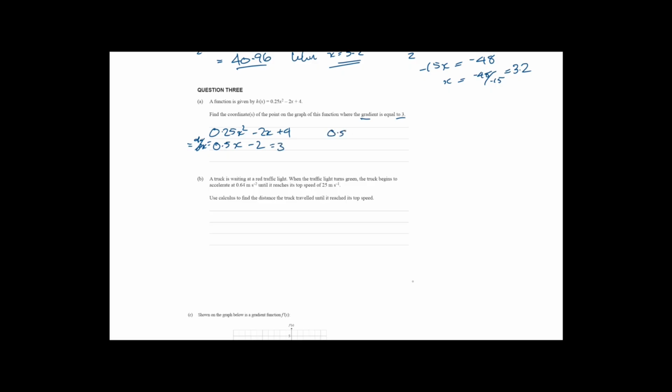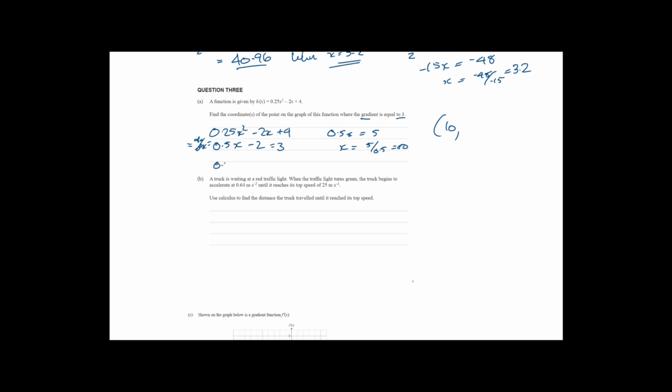So 0.5x equals 5. I add 2 to both sides, so x is going to be equal to 5 over 0.5, which is 10. And then to find the y coordinate we're going to put in 10 in here.